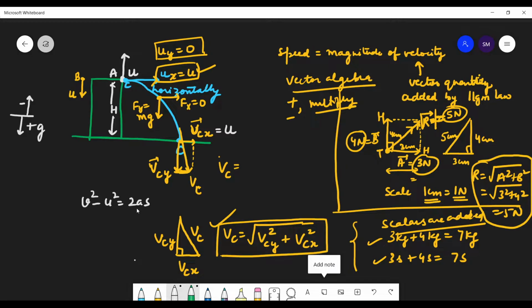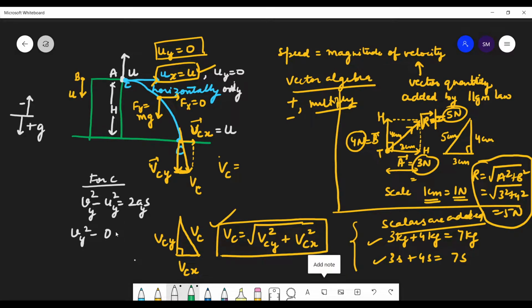So for c, in the y direction, means downward, it will be vy square. What was the horizontal? The velocity was only horizontal. So vertical was 0 because the c was thrown horizontally only.